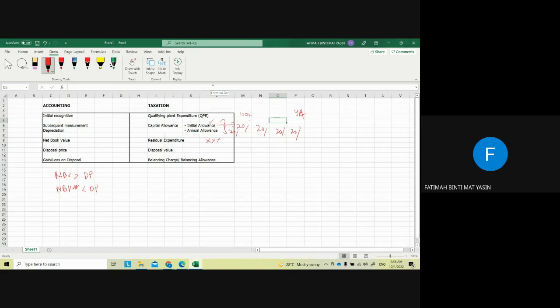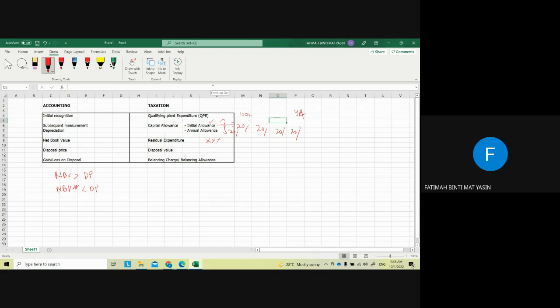The same goes for this one. To know the residual expenditure for that asset, you minus the initial allowance and annual allowance that the company already claimed.